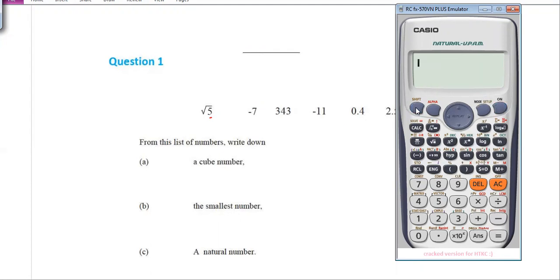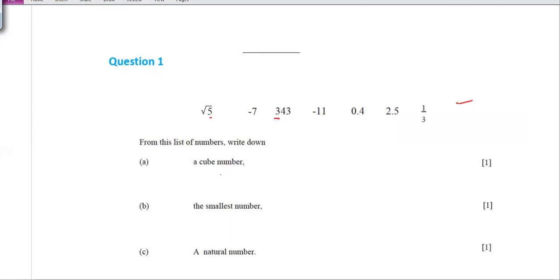For 343, sorry, it should be cube root because we are checking for the cube number. 343, yes, it gives you a whole number. It means 343 is a cube number because it is 7 cubed. So that's why you can write that one. This is a cube number.